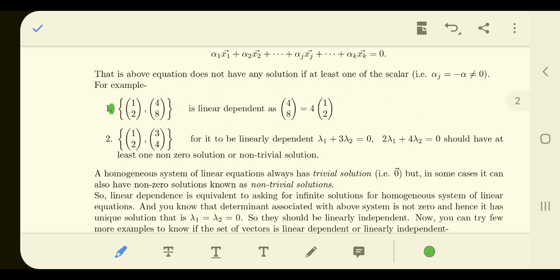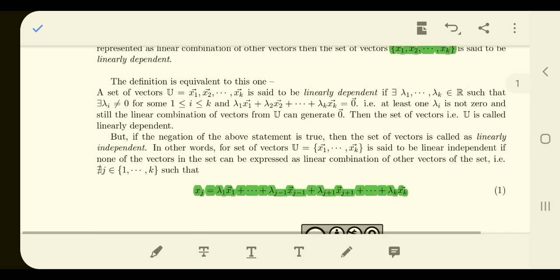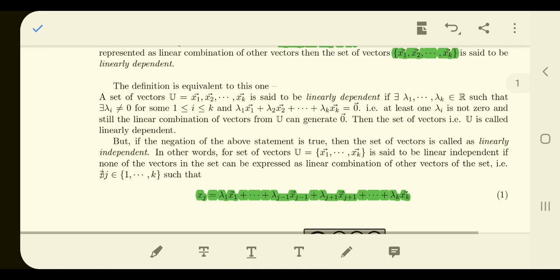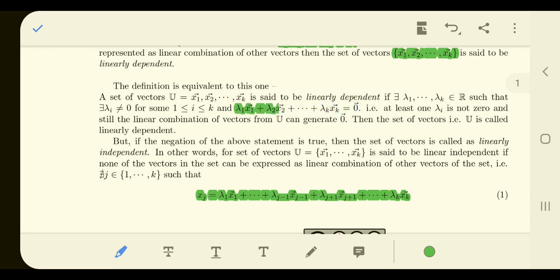The other thing is coming from another definition. We have actually given one more definition of linearly dependent: if we find a set of scalars lambda 1 up to lambda k, which when multiplied by the vectors in the set, what I mean is this, that if you can generate 0 out of the linear combination of vectors, then also you can say that the column vectors are linearly dependent.